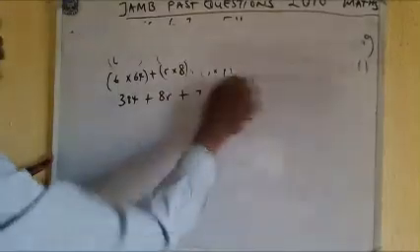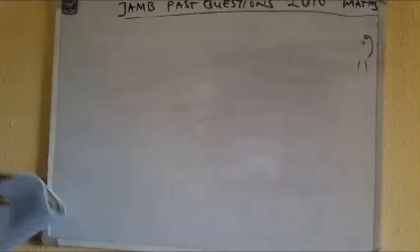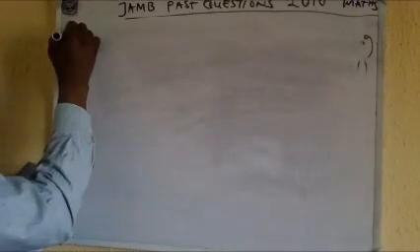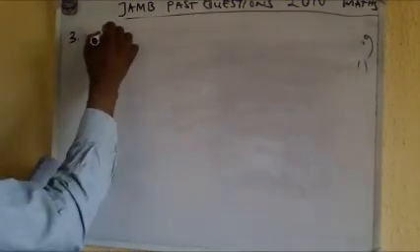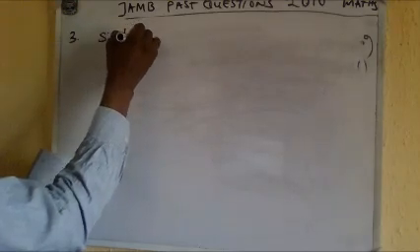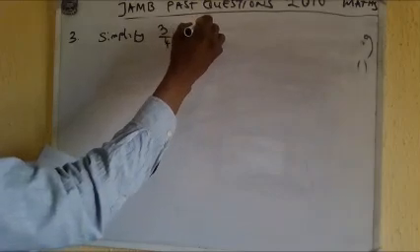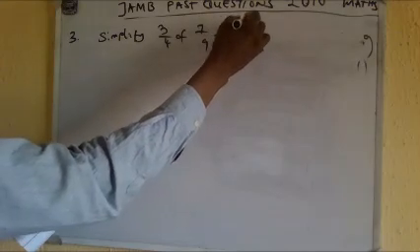Number 3 of 2010 says simplify 3 over 4 of 7 over 9 divided by 9 whole number 1 over 2.